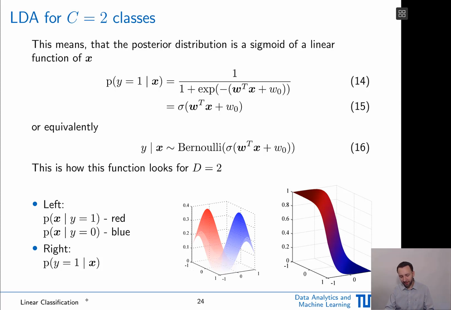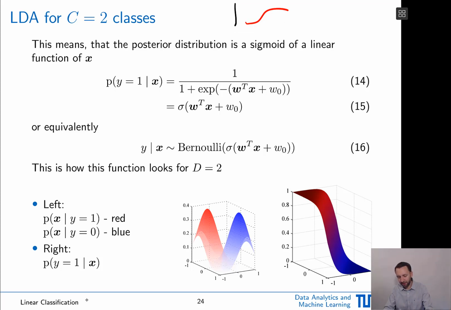On one end, we don't have a hard decision. It's not that if this is positive, it's class 1, and if this is negative, it's class 0. But it's here also the sigmoid. And I said the sigmoid is some value between 0 and 1, right? It's this S-shaped function, so it gives you some value between 0 and 1, and not just 0 or 1. It's not a step function.